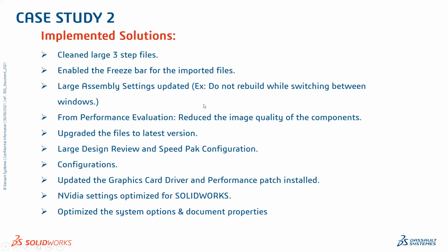So we enabled the freeze bar, and the large assembly settings have been updated. Based on the performance evaluation tool, we reduced the image quality of some of the components shown at a larger value, and upgraded the files to the latest version.